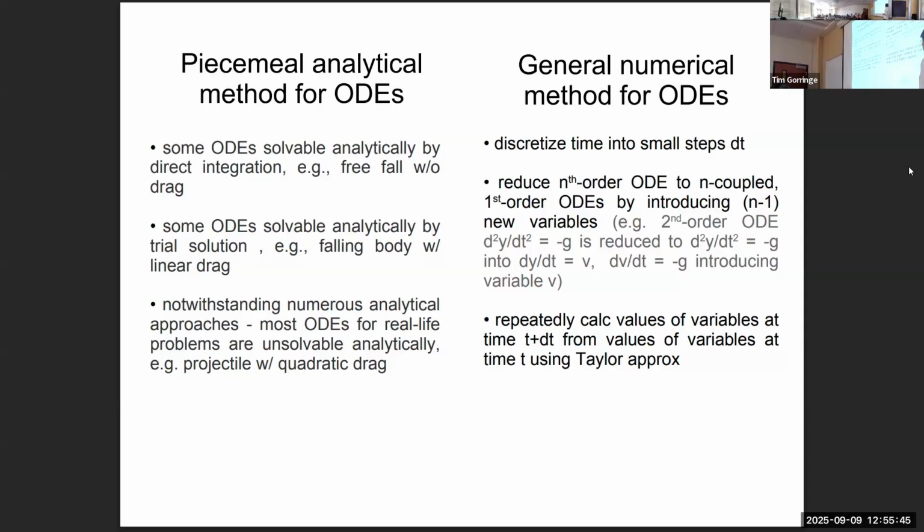Once you've done that, armed with that, and knowing the initial conditions for the two variables, say position and velocity, and using the Taylor expansion, the Taylor approximation, you can calculate the new position and velocity for the next tick, the future tick, based on the current position and velocity for the current tick, based on these two ordinary first order differential equations.